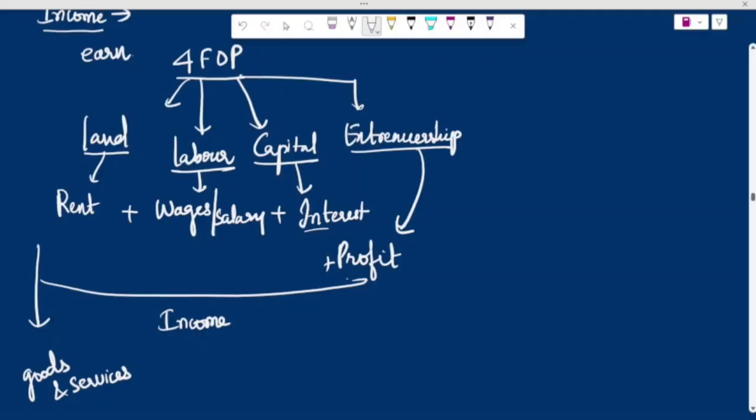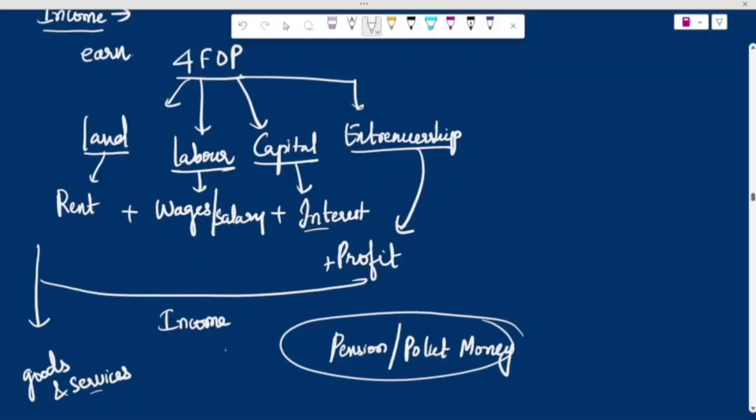And when it comes to that, think about something like pension, which is given by government, and pocket money, which is given by your parents to you. Can we call it income? No, we cannot, because we are not earning by providing the four factors of production, right? So these are mere transfer payments.